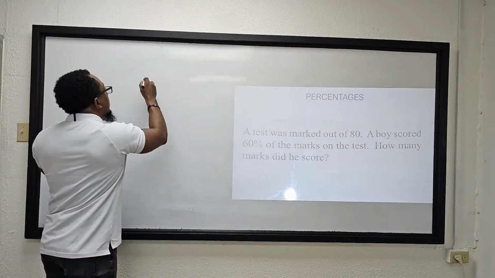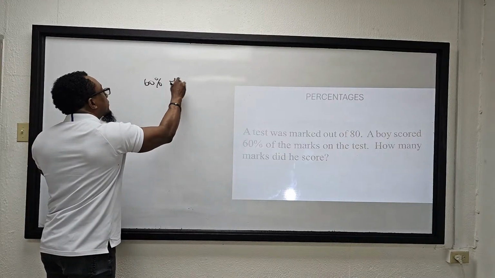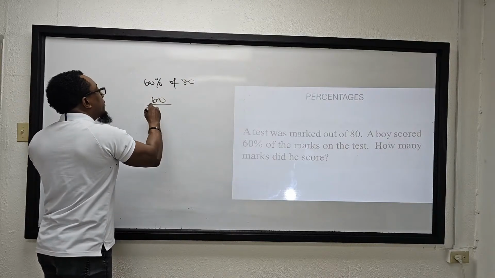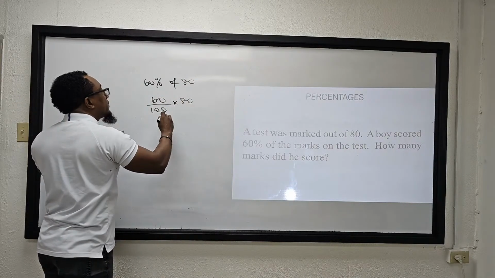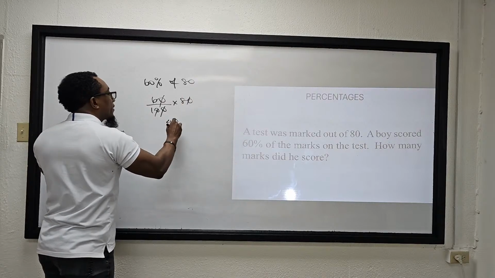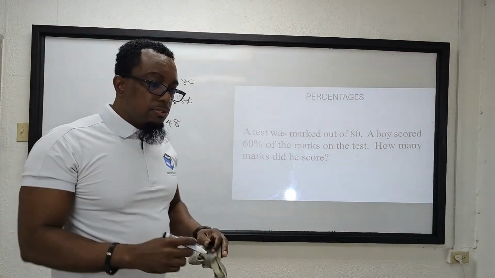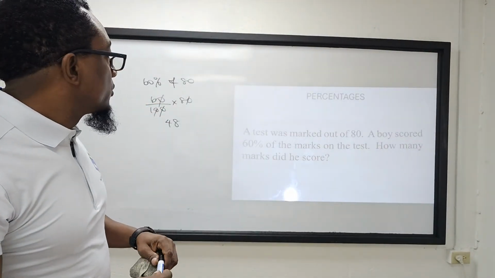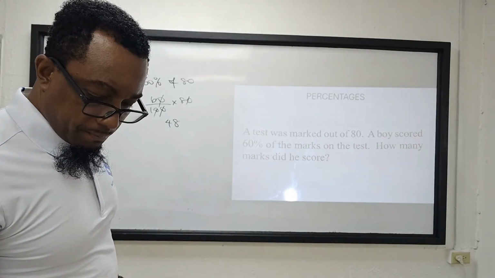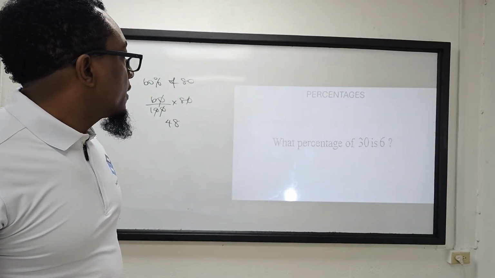So 60% of the marks, that's 60 over 100 times 80. So 48 marks he scored. 48. Straightforward. Yeah? Let's take another.